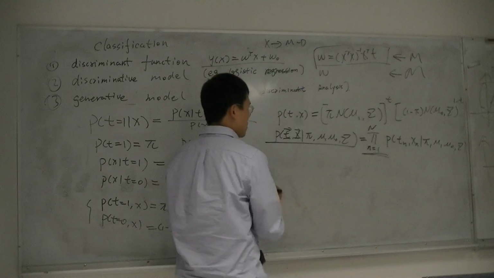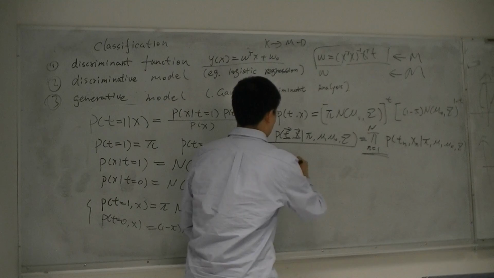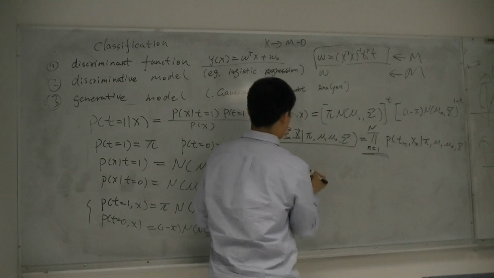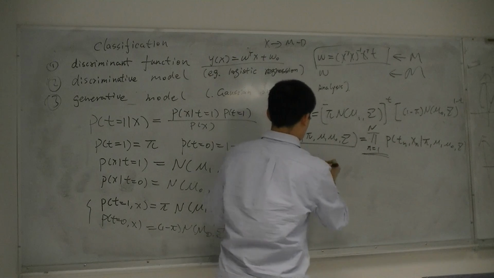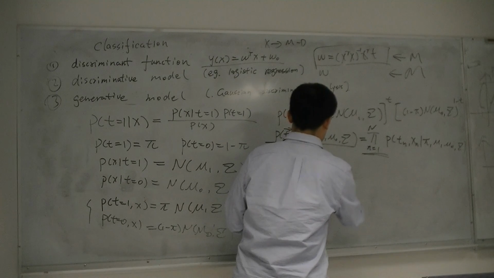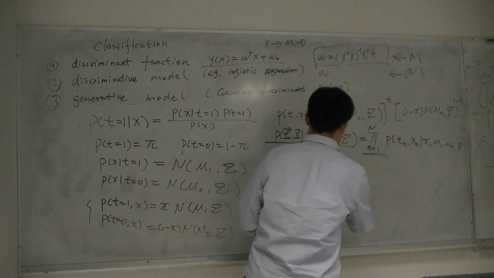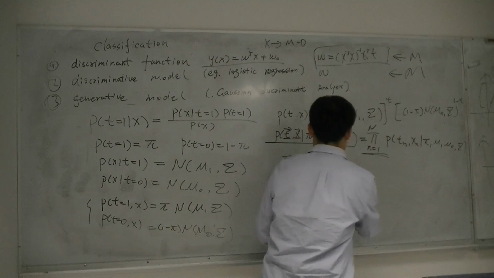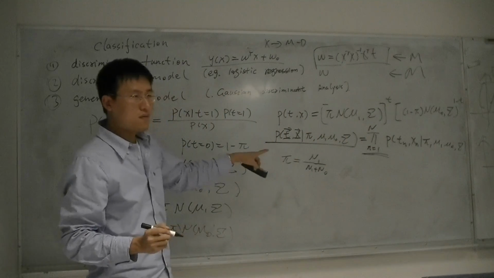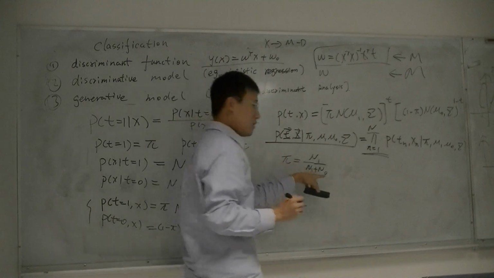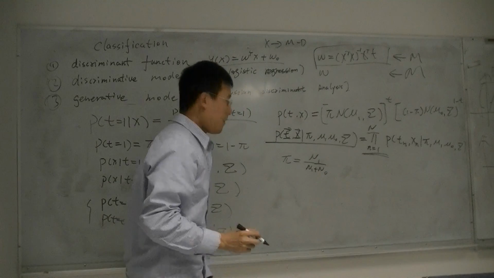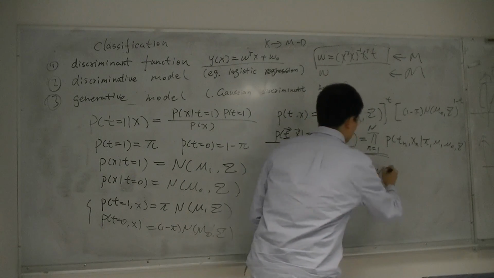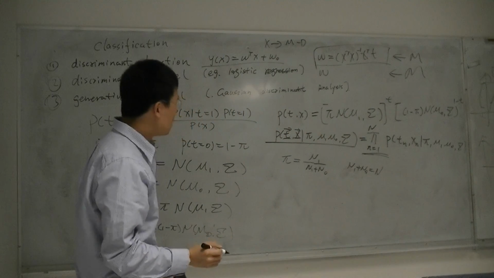And we just give you the answer. Pi is just equal to n1 over n1 plus n0. Here n1 is the number of labels equal to 1 and n0 is the number of labels equal to 0, and n1 plus n0 is equal to n, the total number of observations.